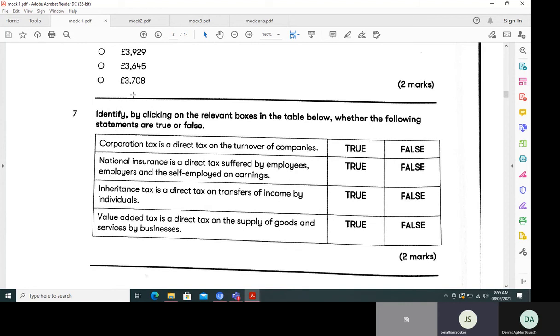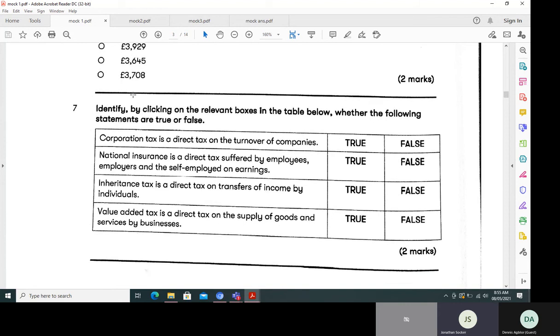This one says we have to indicate whether true or false. Corporate tax is a direct tax on the turnover of companies. Is it true or false?